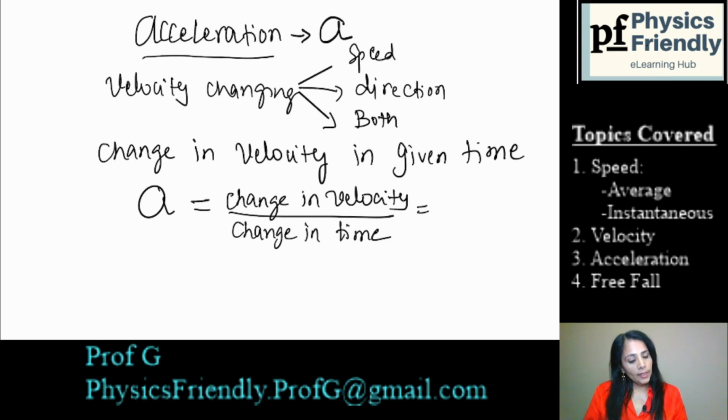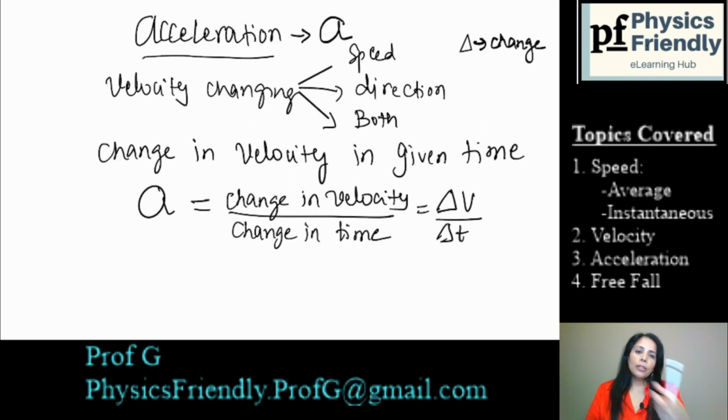Okay, so here we use the delta symbol. Delta means change. So delta v over delta t. I'm going to make a note here for you guys. Delta means change. So delta v means change in velocity. Delta t means change in time.